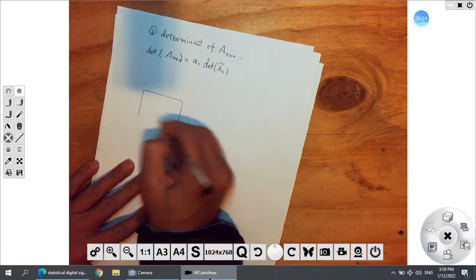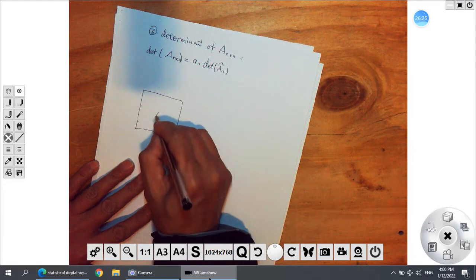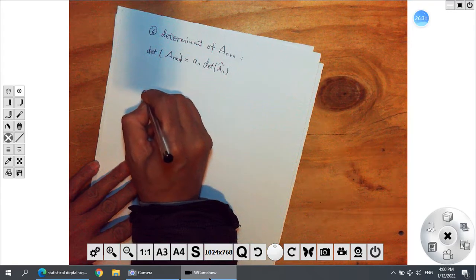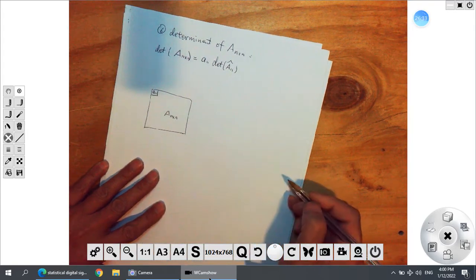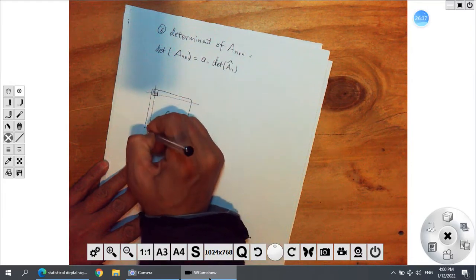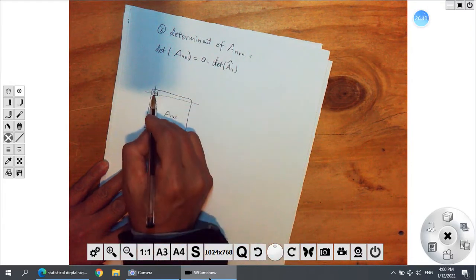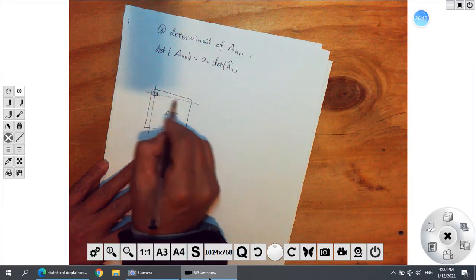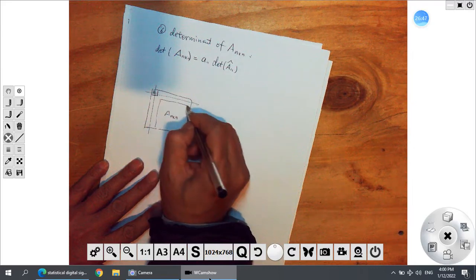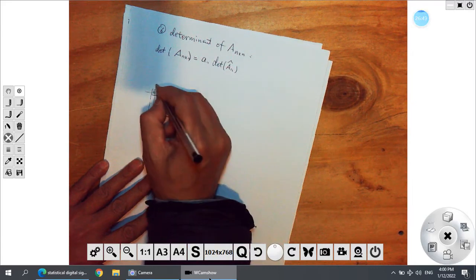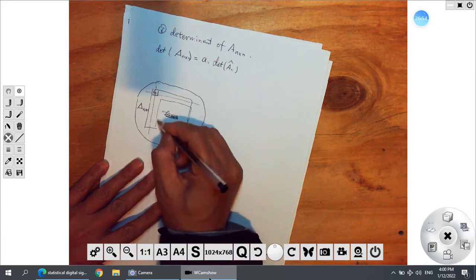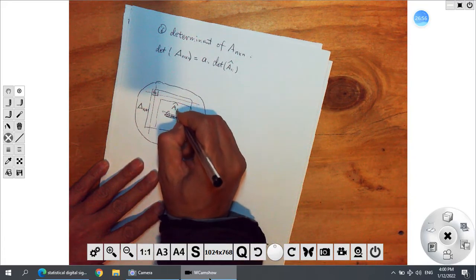Suppose A has size n by n. This element is A11, the first row, first column. Now I remove that row and column, and the rest part, I use A hat 11.